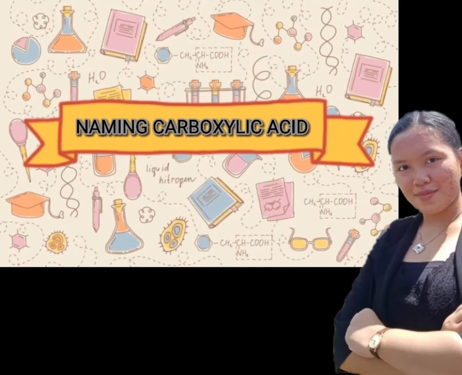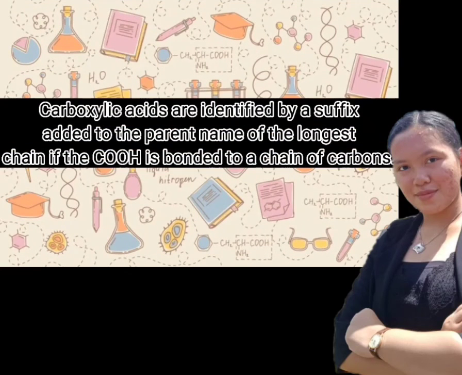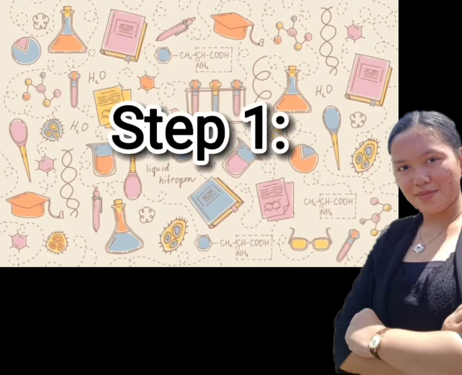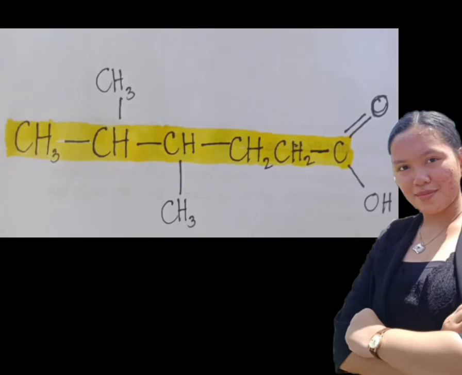Naming carboxylic acid. Carboxylic acids are identified by a suffix added to the parent name of the longest chain, if the COOH is bonded to a chain of carbons. Step 1. Find and name the longest chain containing COOH and change the E ending of the parent alkane to the suffix -oic acid.